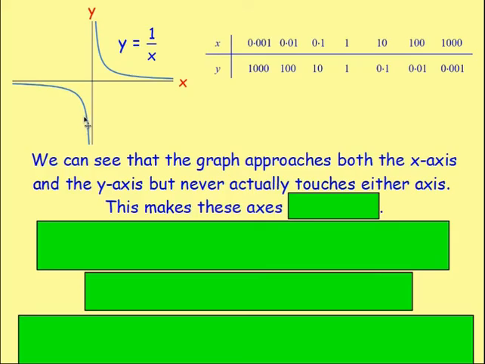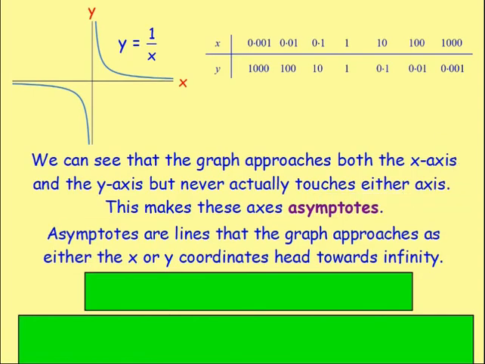And as y goes towards negative infinity, the graph again gets closer and closer to it, but it doesn't quite touch it. There is a special name for lines that happens to. Lines that the graph approaches but doesn't quite touch as it goes off towards infinity are known as asymptotes. So an asymptote is a line that the graph approaches as either the x or the y coordinates head towards infinity.